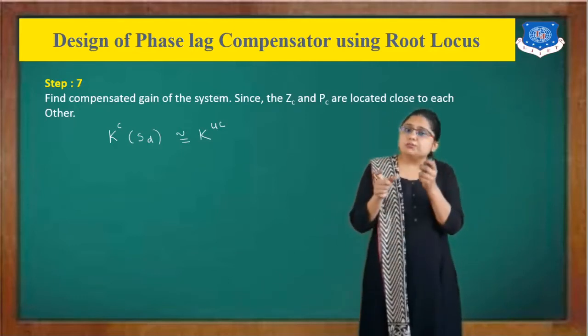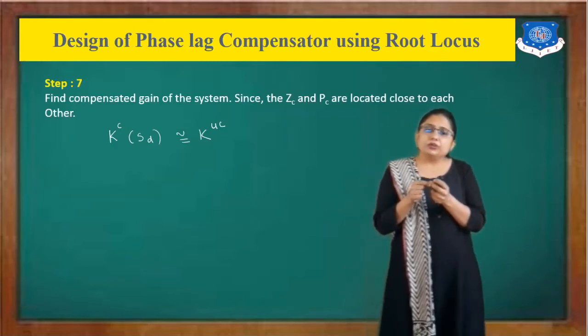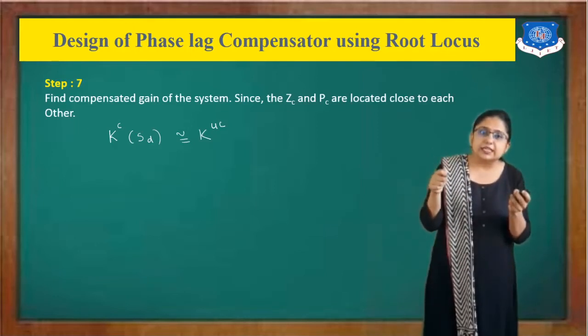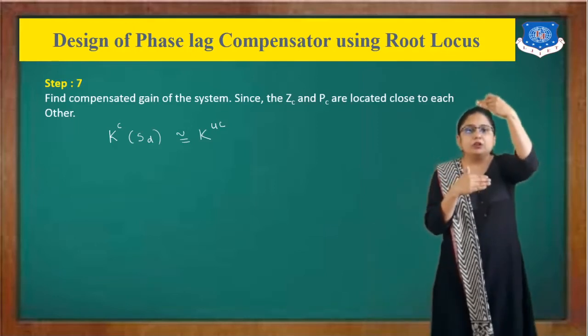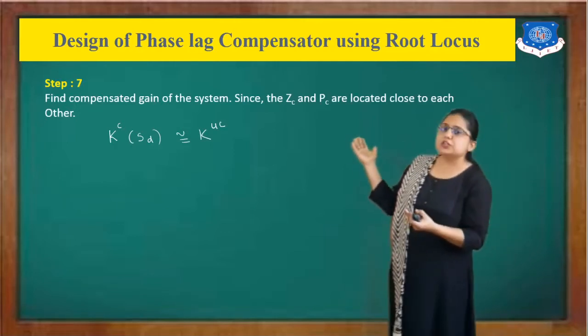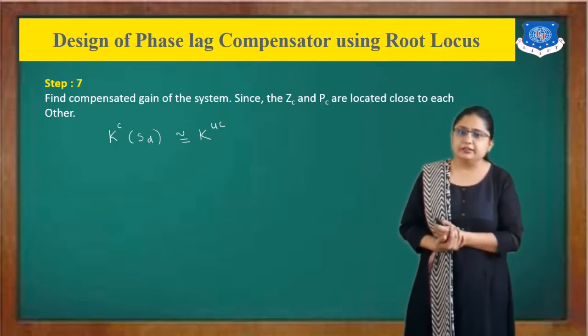Why? Because the pole and zero are very near to each other. If I measure with the help of distance, with a scale, then definitely the pole and zero will cancel out. So your uncompensated gain is almost equal to the compensated gain.